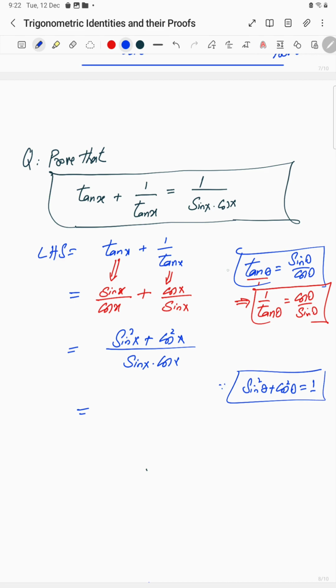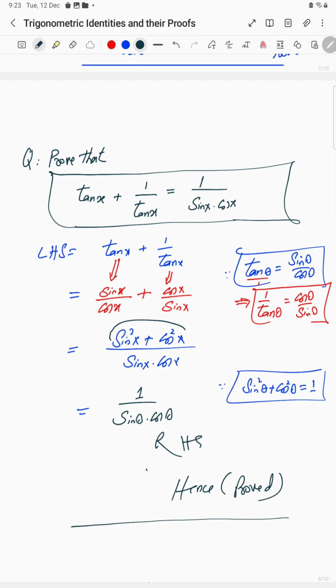So by using these identities, the numerator becomes what? This whole becomes 1 over sin theta times cos theta, that is our right hand side. So hence we have proved these identities. I hope you got it. Let's proceed to another question.